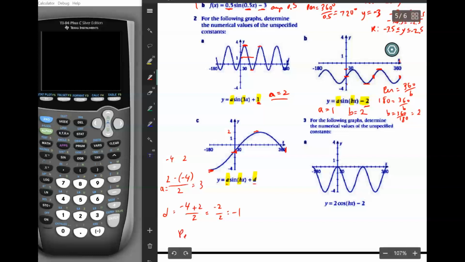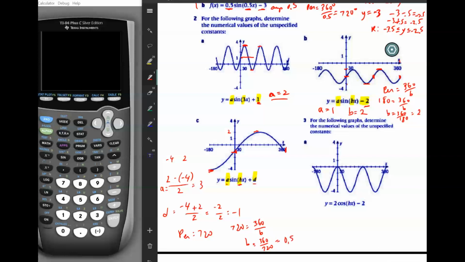So let's say that the period is 720. That means 720 equals 360 divided by the B value. So the B value is equal to 360 divided by 720 if you do some algebra there. If you cross multiply, you'll end up with B equals 360 divided by 720, which is 0.5. So the B value is 0.5. So for that one, we had to find all three values.